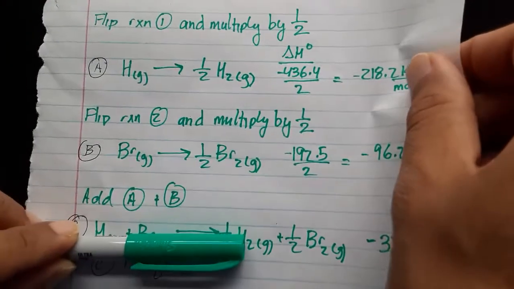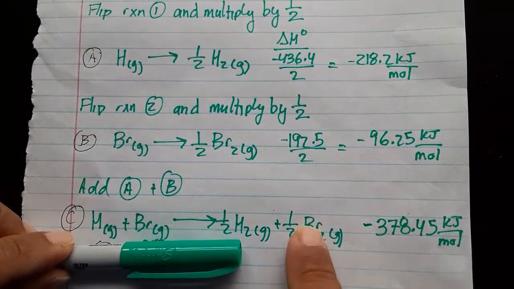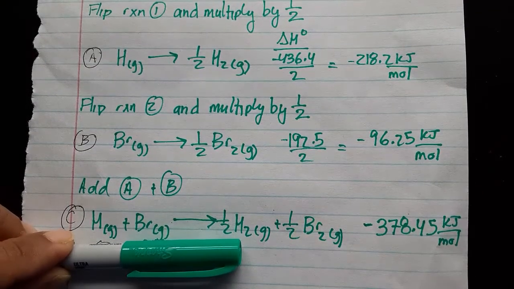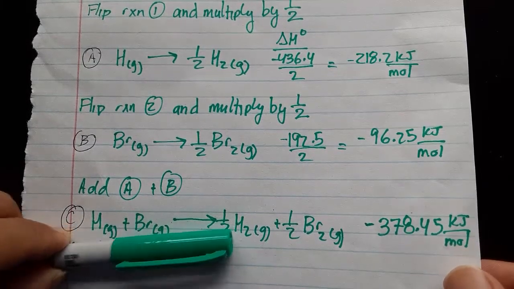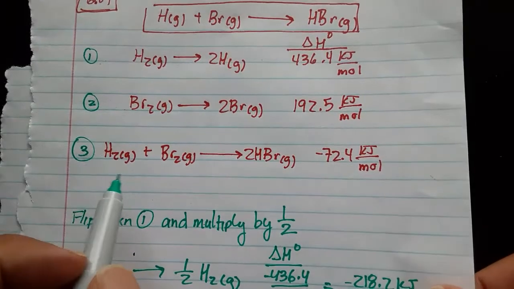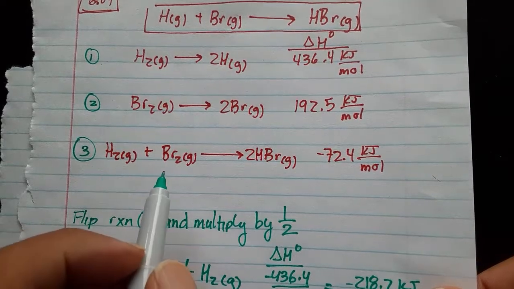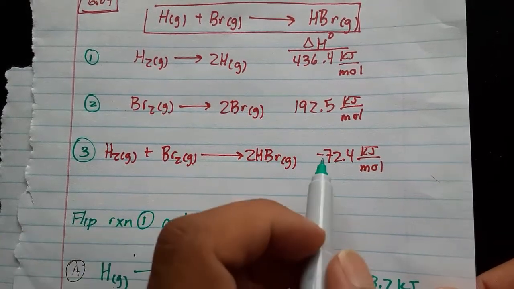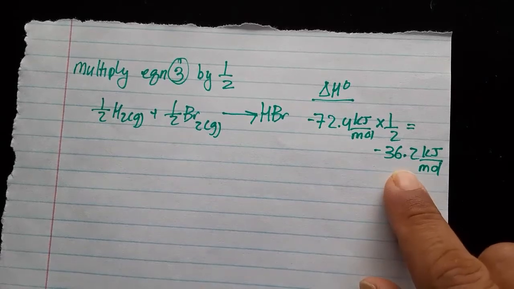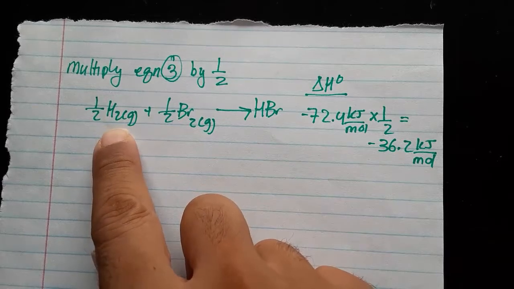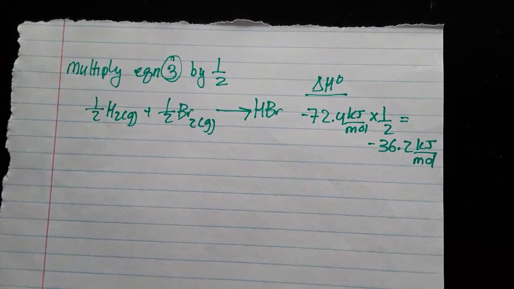By multiplying it by 1/2 and adding it to C, we should be able to recapitulate the original equation and get the corresponding enthalpy for the net reaction. Multiplying equation 3 by 1/2, we get 1/2 H2 plus 1/2 Br goes to HBr, with minus 36.2 kilojoules. Now we'll add this equation to C.